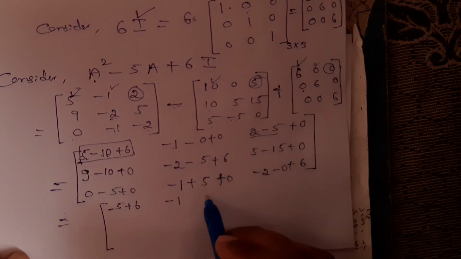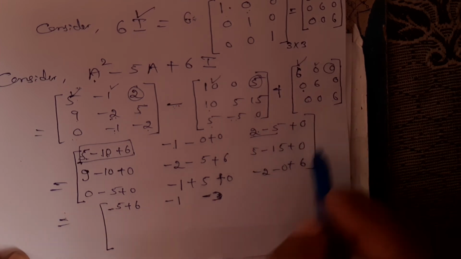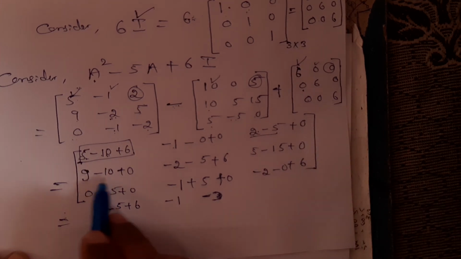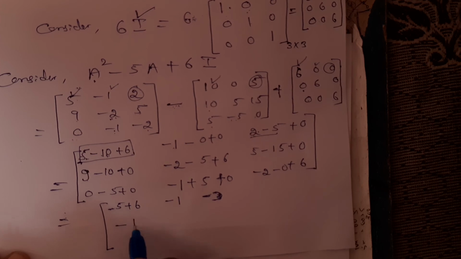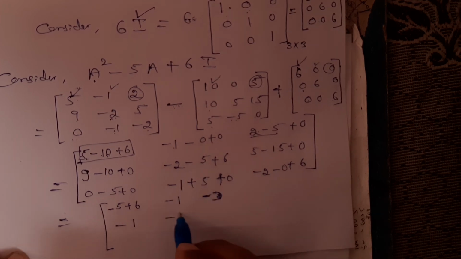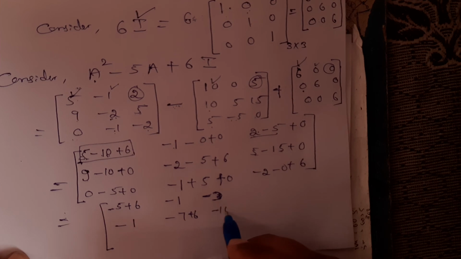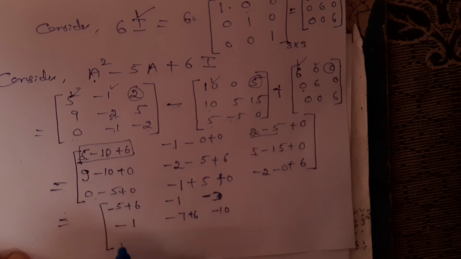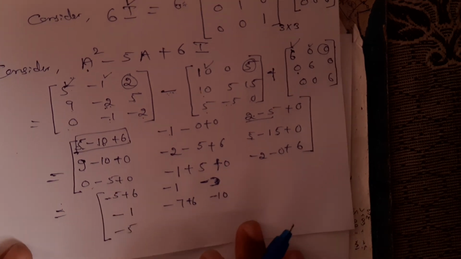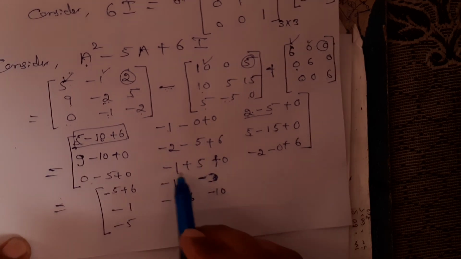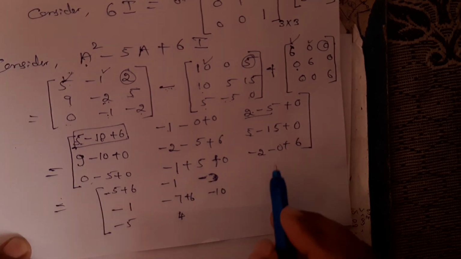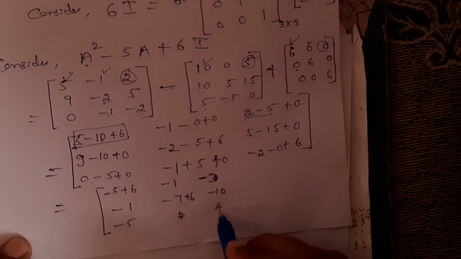Then 2 minus 5 is minus 3. See minus 3 plus 0, that will be minus 3 only. Then 9 minus 10 will be minus 1. Minus 2 minus 5 is minus 7 plus 6. Then 5 minus 15 is minus 10. Then it will be minus 5. See minus 1 plus 5, it will be 4. Then minus 2 plus 6 is 4.